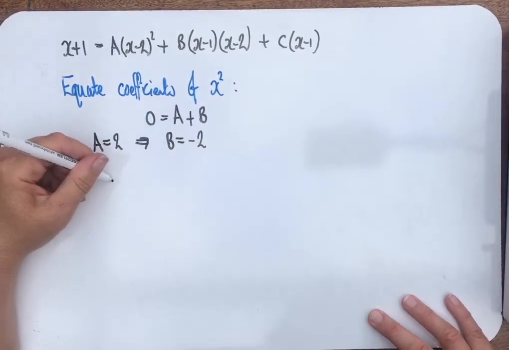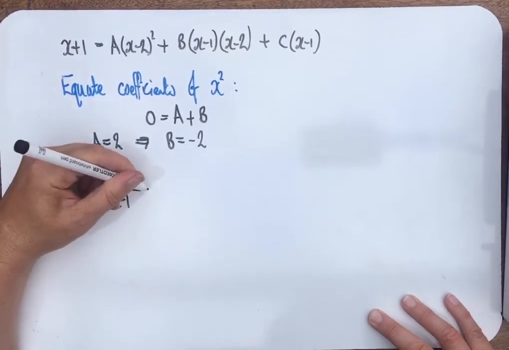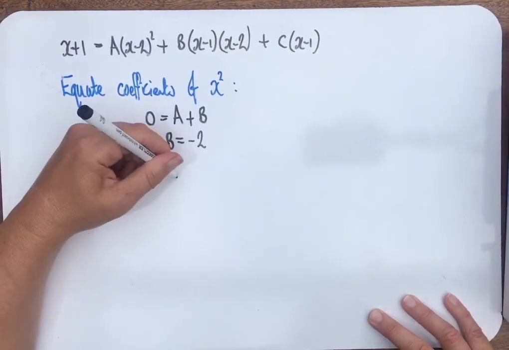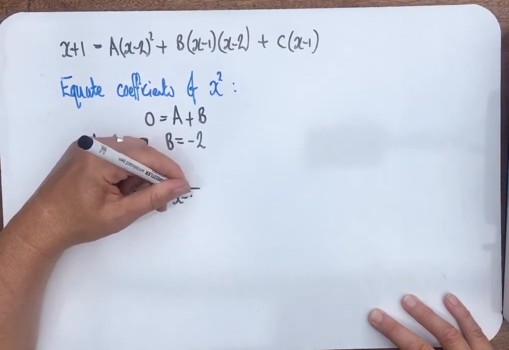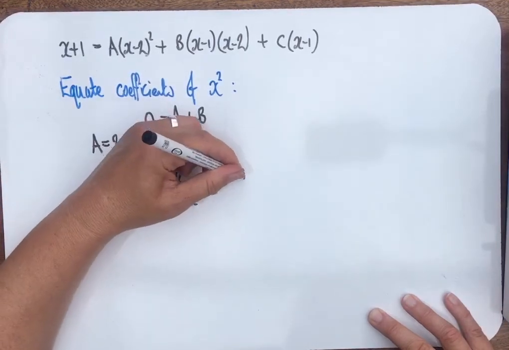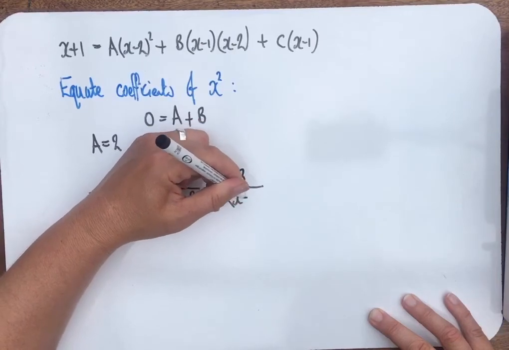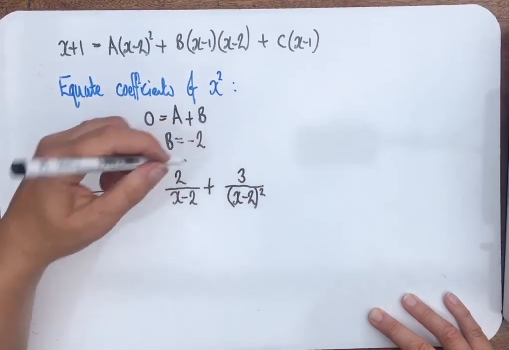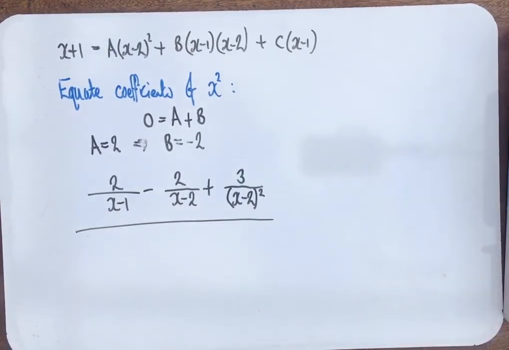And so the whole thing, a is 2, so it goes to there, so A, B, C on top.